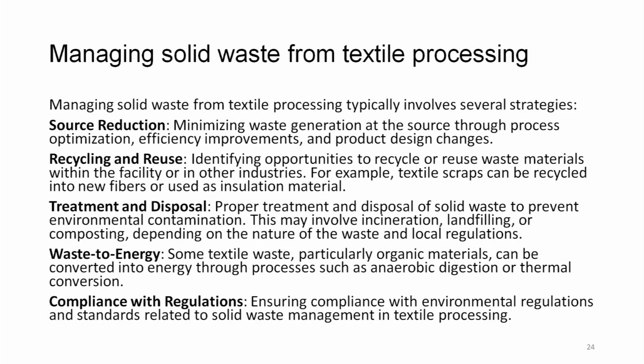Recycling and reuse is the second best. If we can identify opportunities to recycle or reuse waste material within the facility or for any other industry, that is one of the most ideal situations. For example, textile scraps can be recycled into new fibers and used as insulation material.